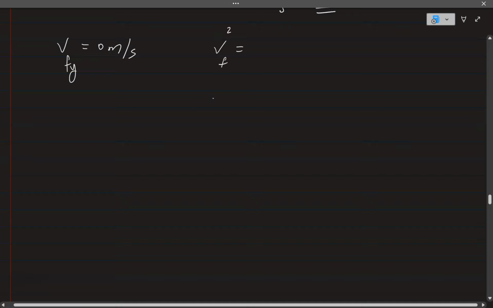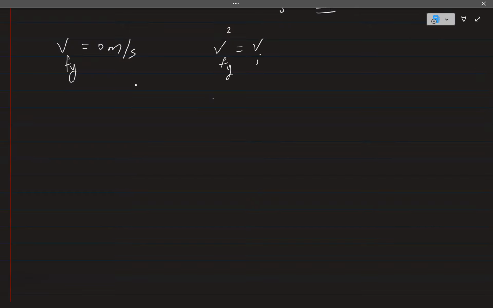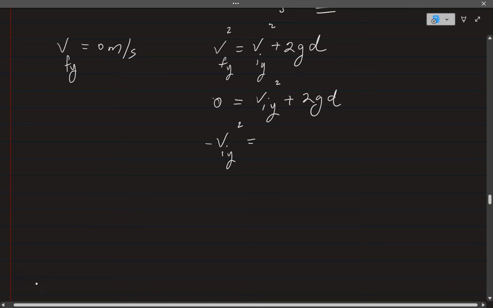V final squared is equal to V initial, this is for the y component, squared plus 2gd. And we're going to solve again, knowing that V final is 0. So let's rewrite the equation. Given that this is 0, we'll get that, and then we solve for d by isolating it.